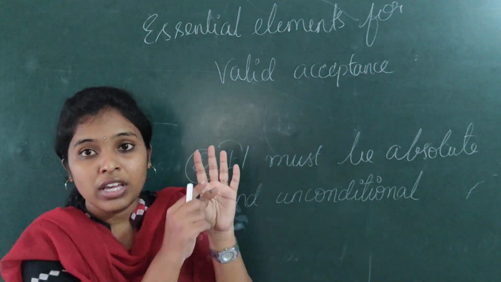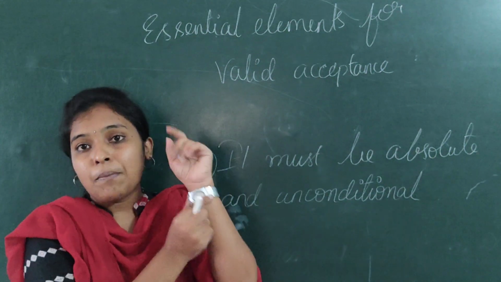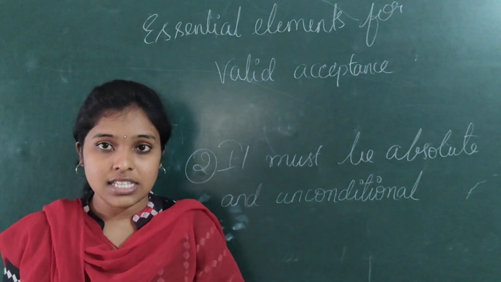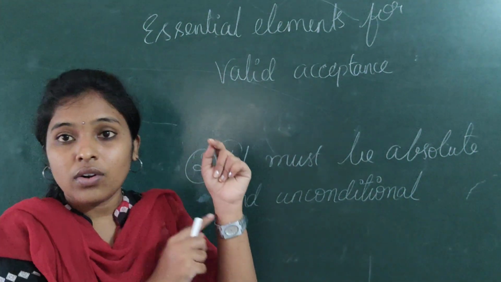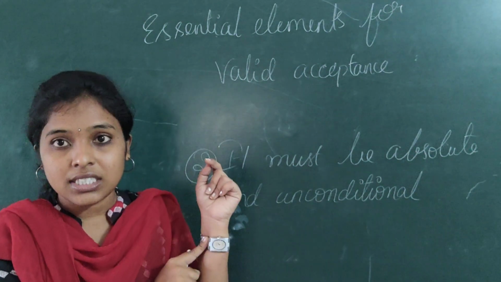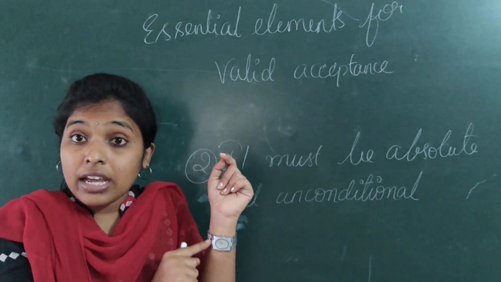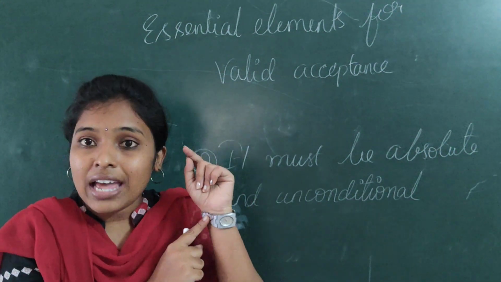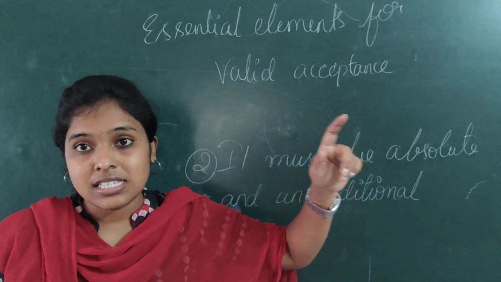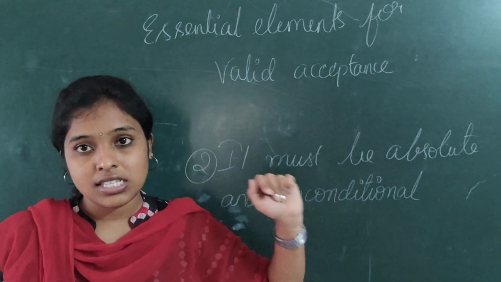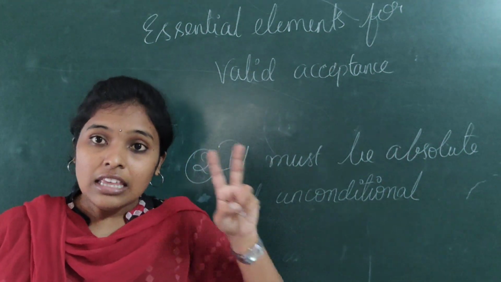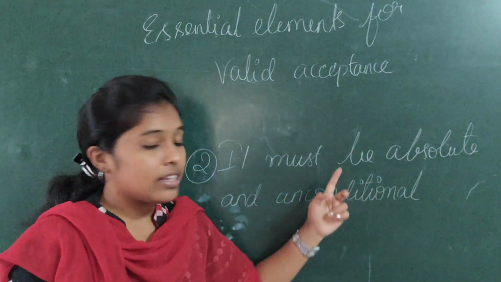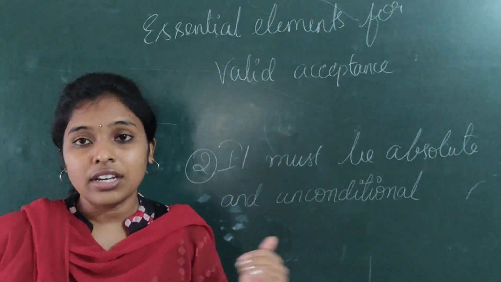So here I'm putting one condition, that price. And he says that it is not according to my style and it is not the material which I needed. So the acceptance is not absolute. If these 2 conditions are there, they won't enter into an agreement.